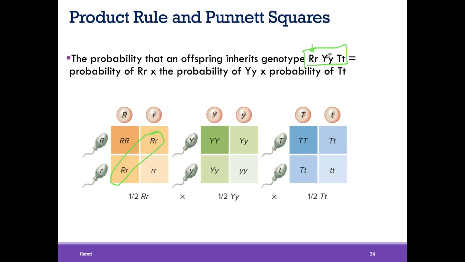What about the big Y, little y? Well, again, 50% chance. What about big T, little t? Oh, again, 50% chance. So what is the likelihood of getting big R, little r, and big Y, little y, and big T, little t? Well, it's 1/2 times 1/2 times 1/2, or 1/8. So that's how the product rule makes it a lot more simple.